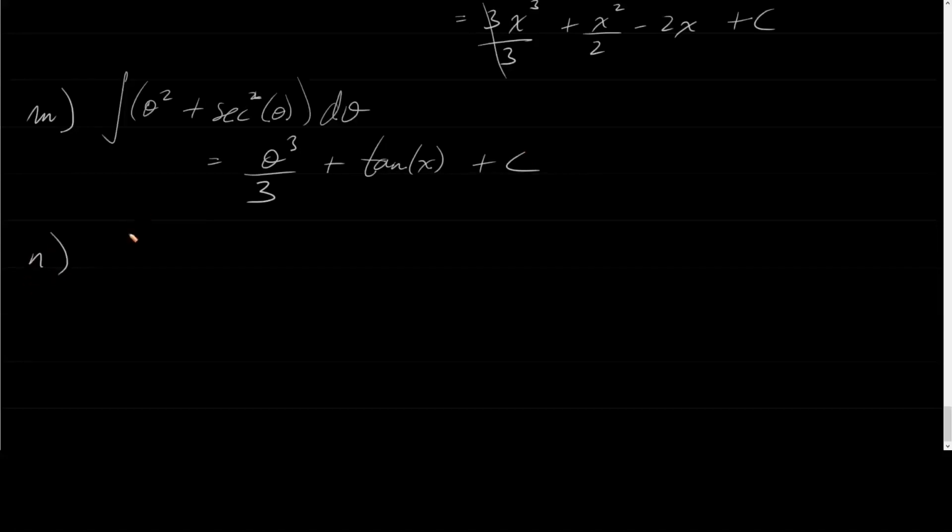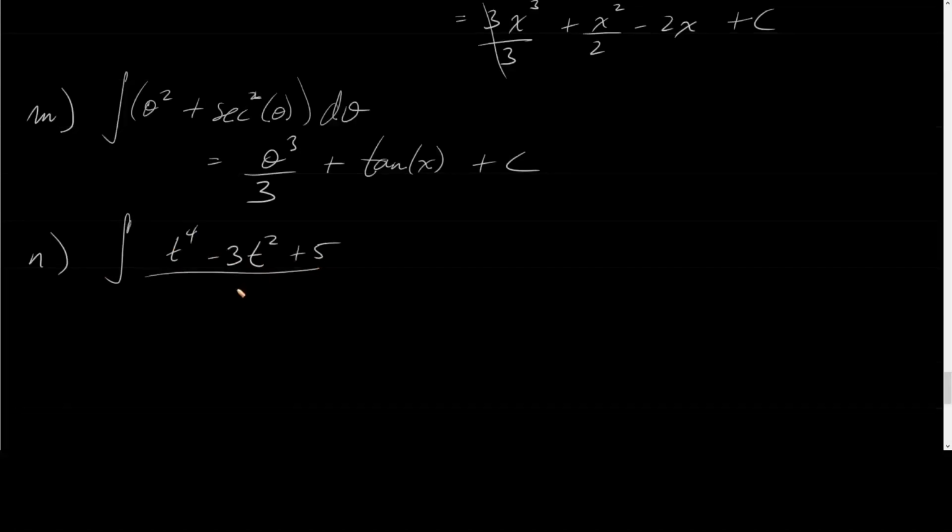Let's say that I had the antiderivative of t to the 4th minus 3t squared plus 5 over t to the 3rd dt. All right. So what does this give us? What we want to do here is just apply rules of fractions.